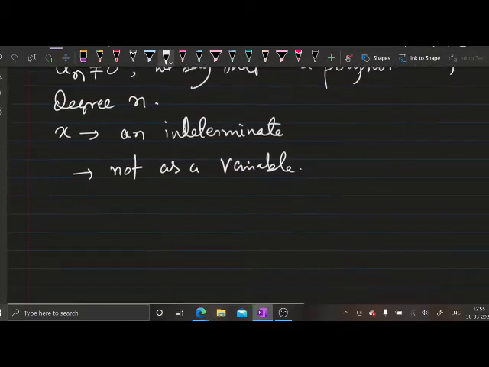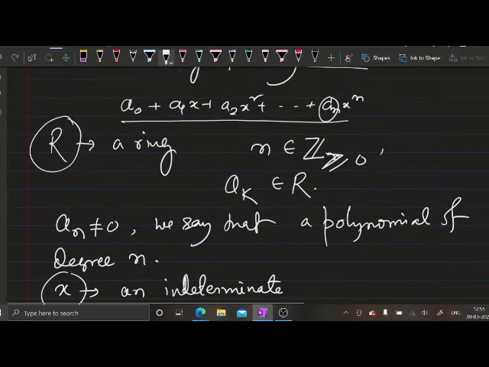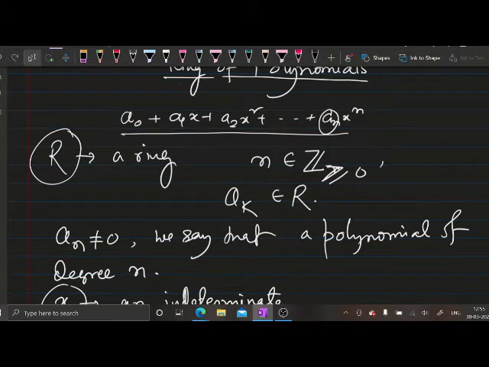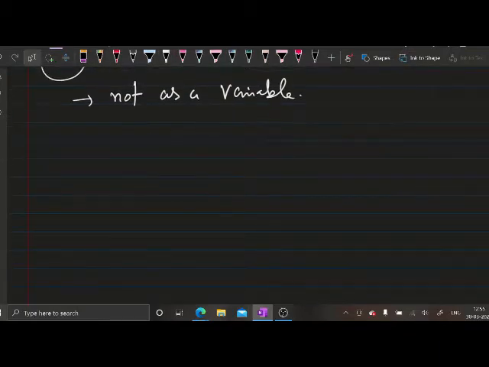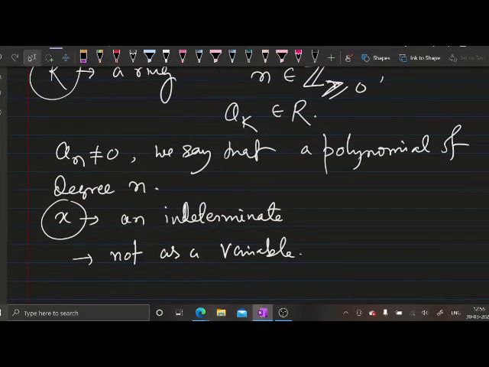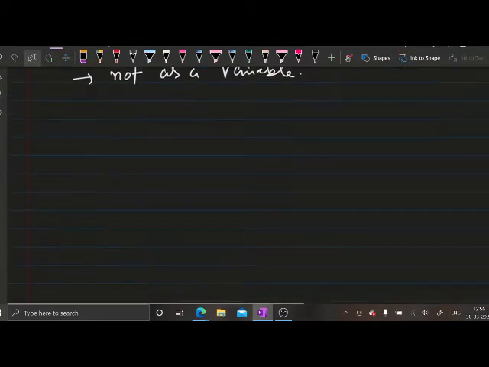There are many confusions with this x, but still we are using the traditional expression of a polynomial that has been written here. Although we can define a polynomial in terms of sequences having zeros after finitely many steps.